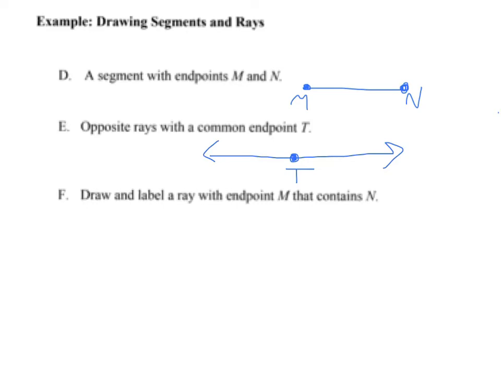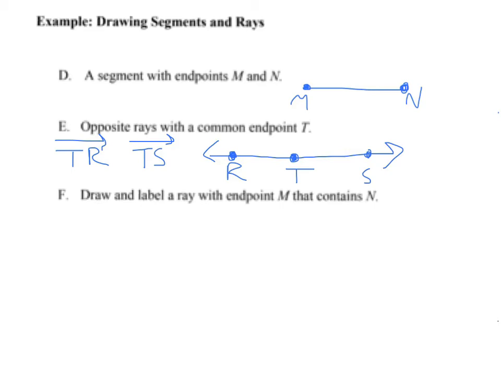But in order for me to really call this opposite rays, I'm going to have T go through 2 points. So I'm going to have R on this end and S on this end, meaning I'm making two rays. One would be TR, starting at T going towards R, and the other one is going to be TS, starting at T going towards S.